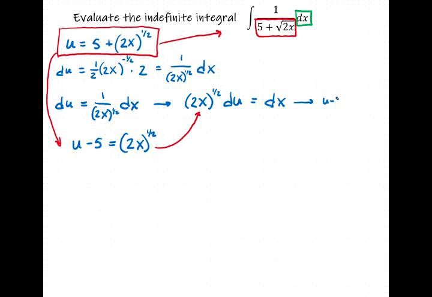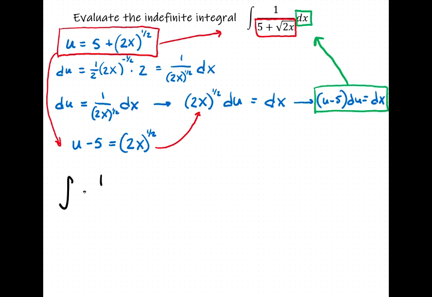So we could say u minus 5 du is equal to dx. And now we have an equation that converts the dx to an expression containing only u and du. So this is going to be substituted into our integrand. Perfect. Now we've absorbed all the x's and dx's and replaced them with u's and du's. So let's make this substitution.